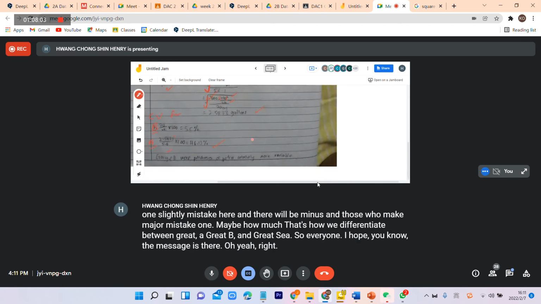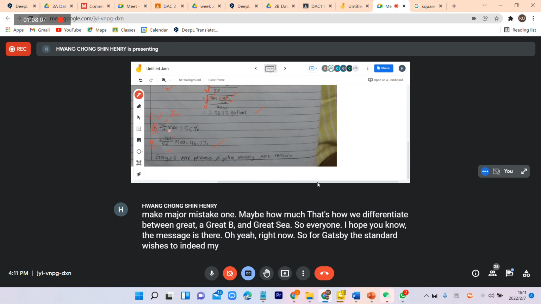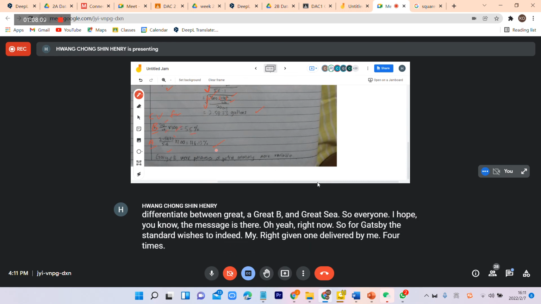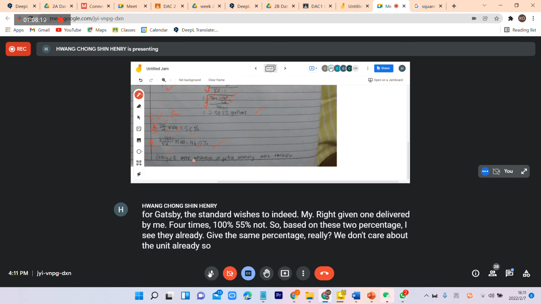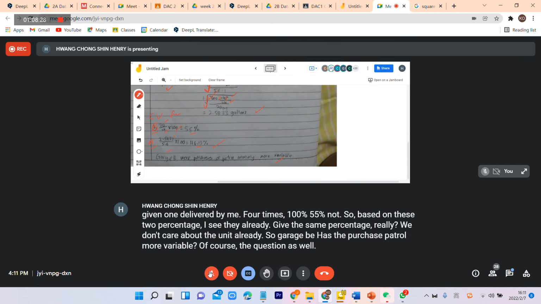Now for garage B, the standard deviation is 20, given, divided by the mean 4, times 100% is 55%. So based on these two percentages, we don't care about the unit anymore. Garage B has more variable petrol purchases, because the question asked which one has more variable.